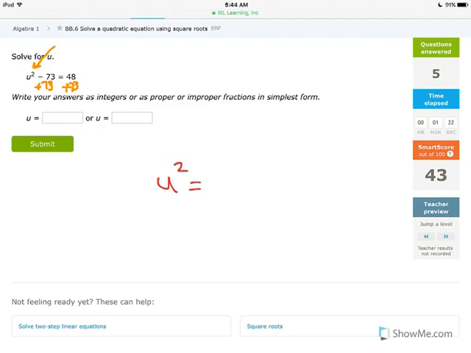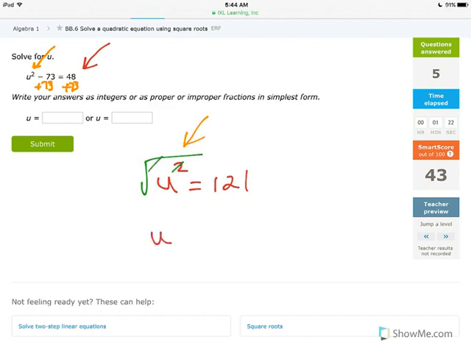And we just need to figure out the 48 plus the 73, which should be 121. So we added 73 to both sides, so we now have the square all by itself. Now we can go ahead and square root both sides.